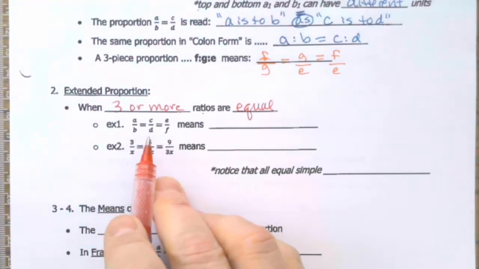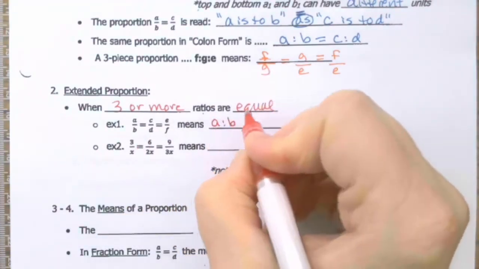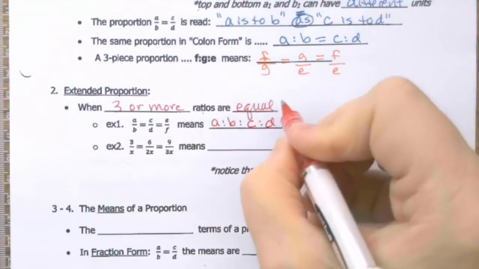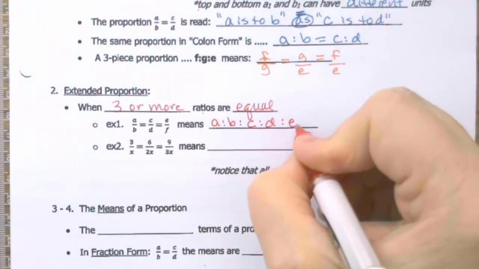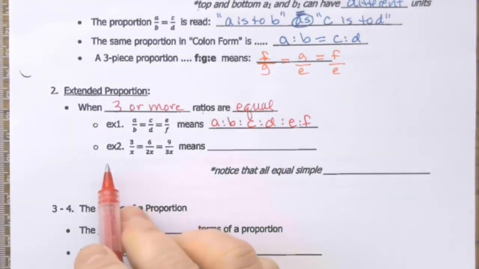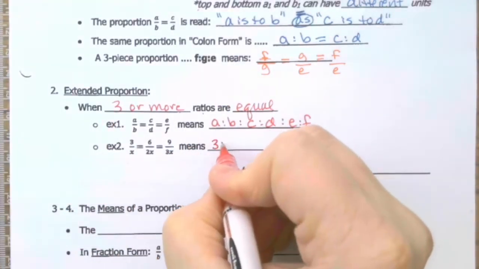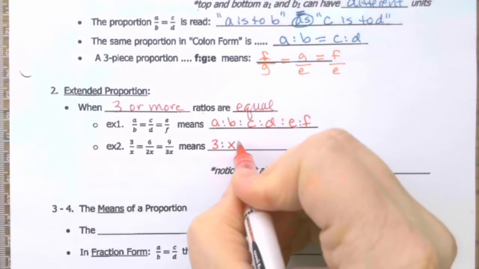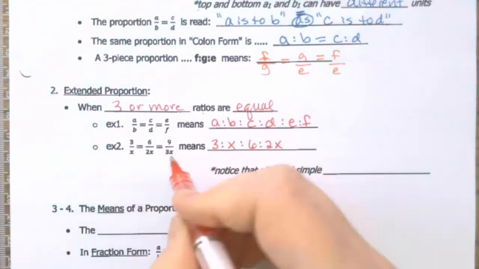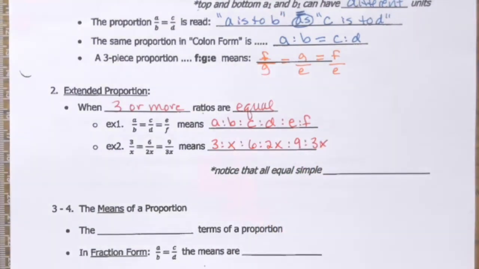To change this to colon form, you just put A colon B, and then a colon separates the next one, C colon D, and then a colon separates the next one, E colon F. Let's do another one of these. Example 2 in colon form is 3 colon x for 3 over x, colon 6 colon 2x for the middle, colon again, 9 colon 3x.